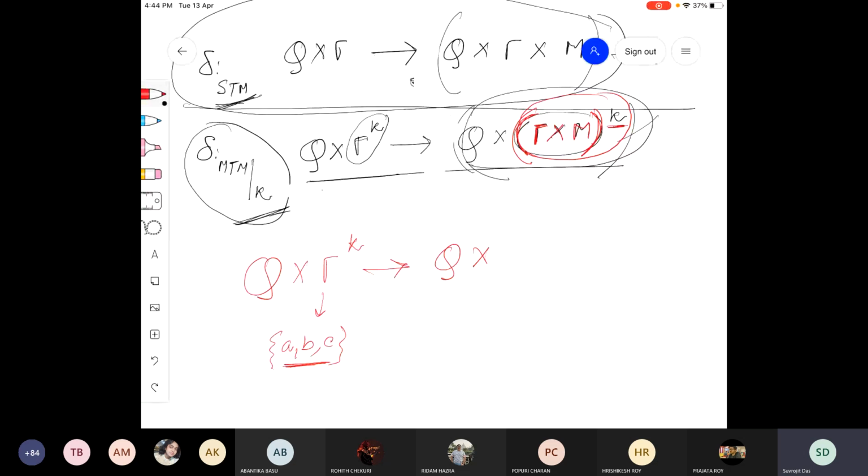And then for each tape symbol, I can even elaborate on this M here, with this sequence, and I raise it to the power k. Why? To have such a vector, it should have that this A, for example, maybe gets changed to a B, and then the head remains stationary.